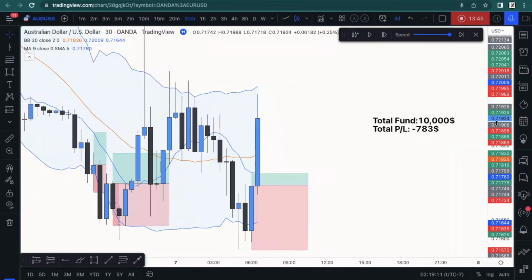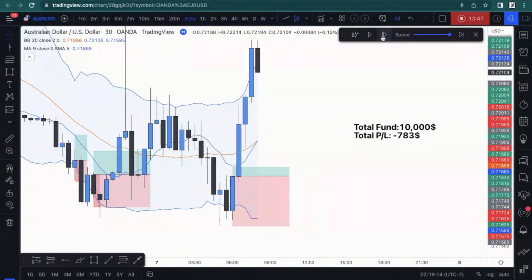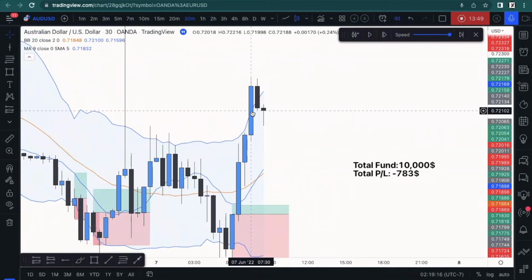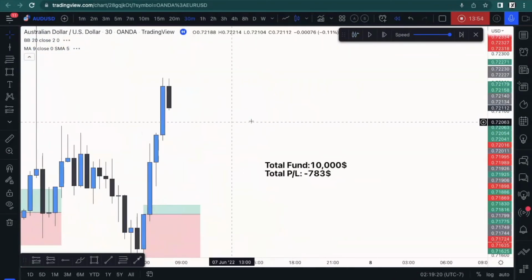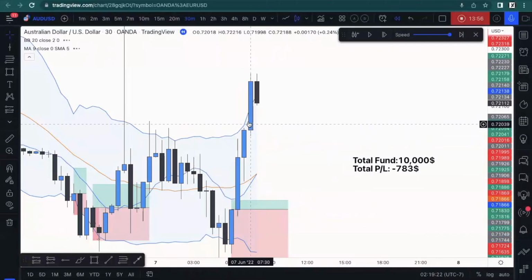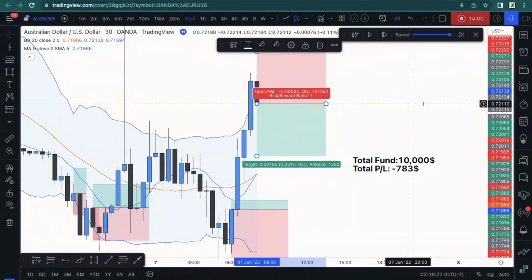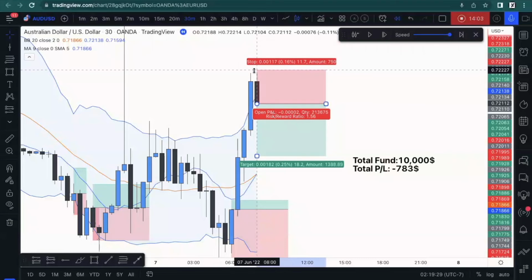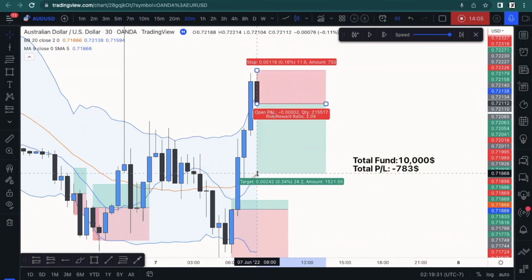Just look at the time. Okay, right, 7th June. Okay, right, this is actually good. Actually, I have to erase this data and look at that. So price did range outside the upper band and then closes inside. This will be our entry, stop loss at the swing high, and there we are.